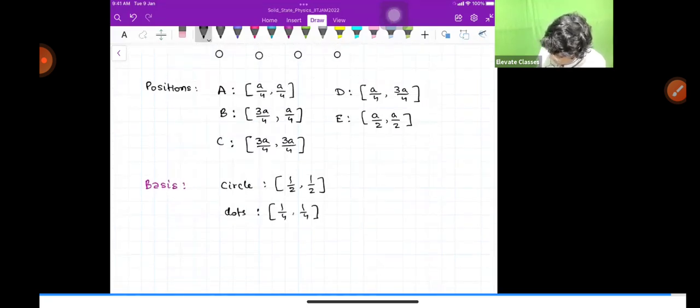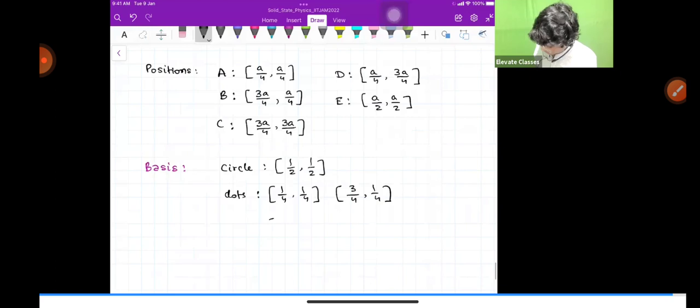Okay, now this is how you construct the whole structure, and the next point will be at 3 by 4 and 1 by 4, and the other next points 3 by 4 and 3 by 4. Okay, and then we have 1 by 4, 3 by 4.